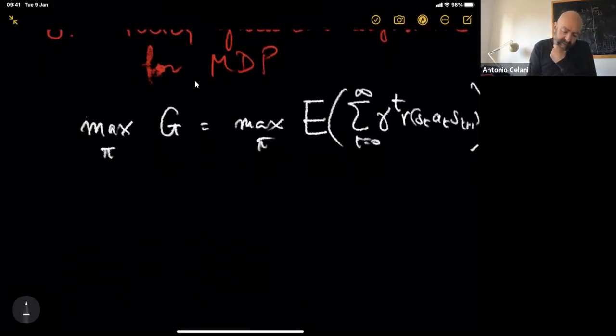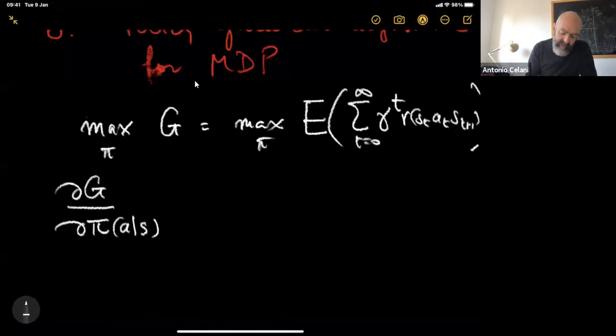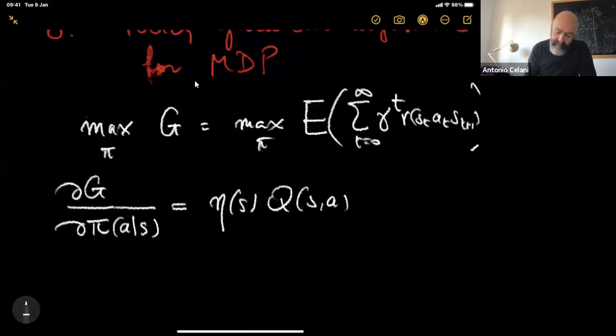And yes, what you have shown yesterday is that we can explicitly write the gradient with respect to any component of a policy, pi, in the following form. These eta and q are two functions, respectively a vector and a matrix, that have a very specific interpretation.